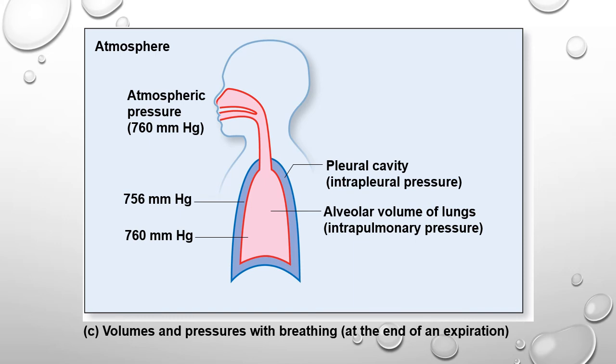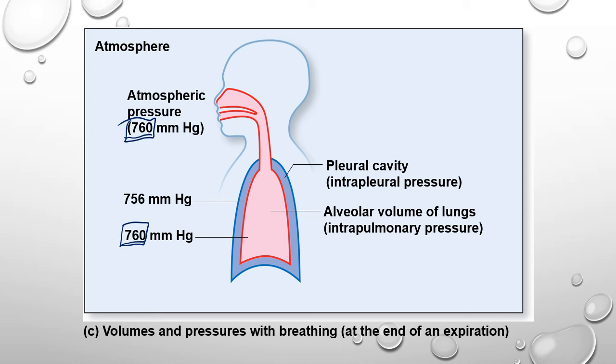So if we're holding our breath, and so if there's nothing going on in terms of air movement, that pressure inside the lungs is going to equal that of atmospheric pressure. So in this particular case, we've just exhaled. So we've just done expiration. And now our pressure is 760 on the inside and 760 on the outside.